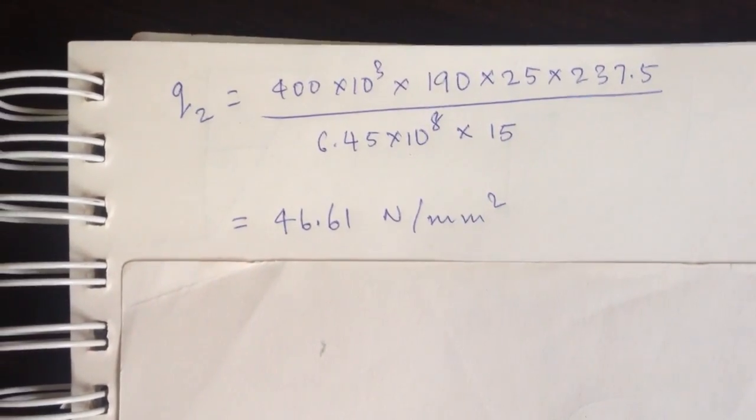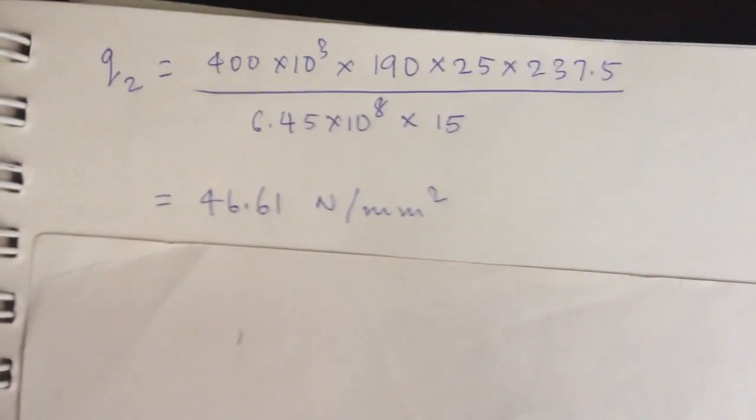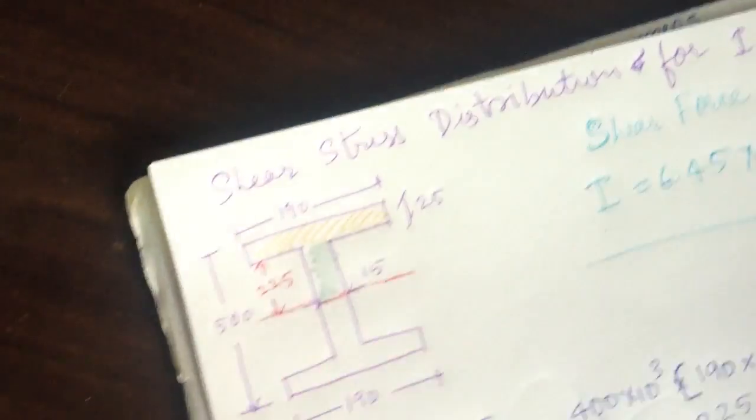Now the next is finding out Q2. Q2 happens to be the point which is in between the flange and the web, this point here.